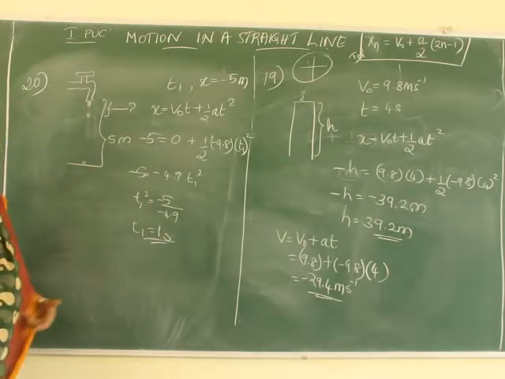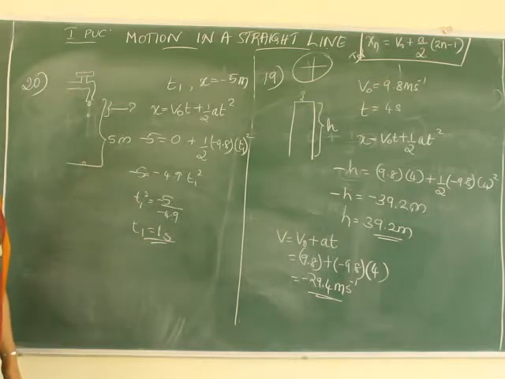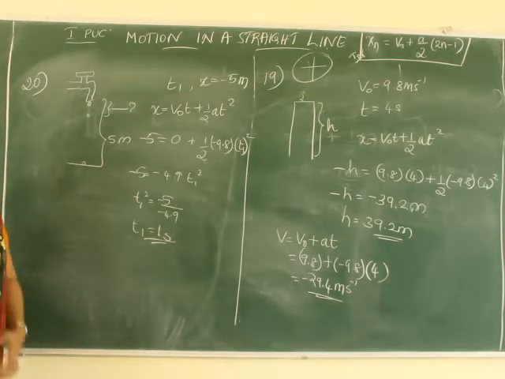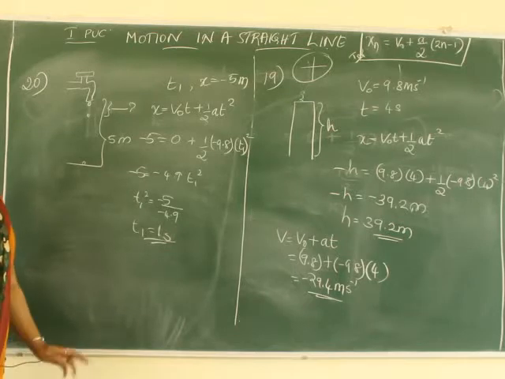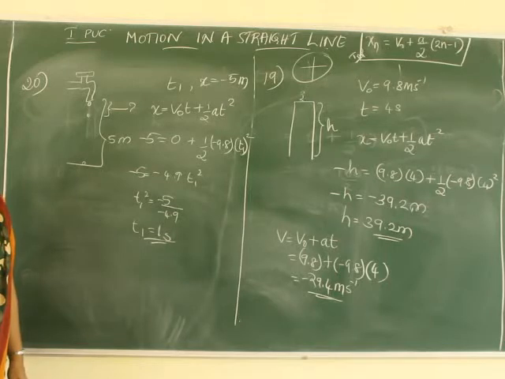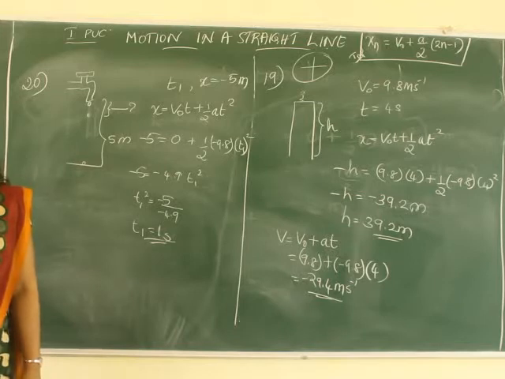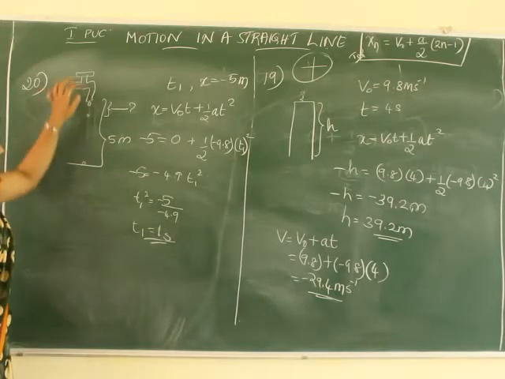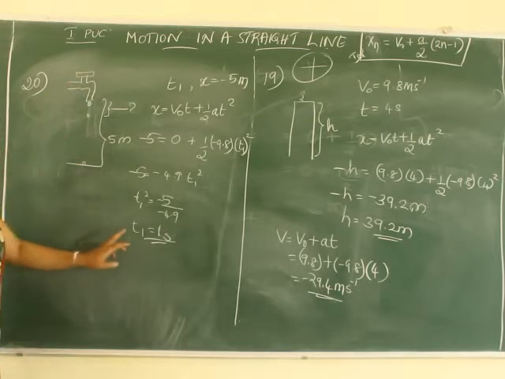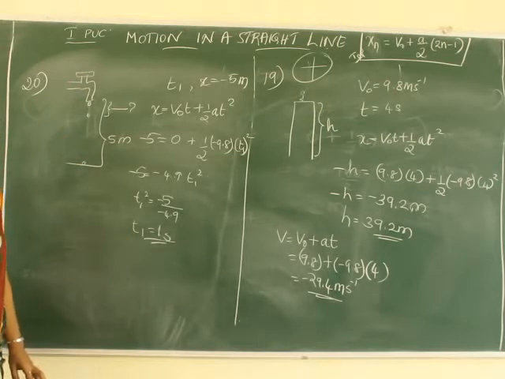Next we have to calculate where the second drop is. Since the third drop just leaves the tap when the first drop reaches the ground, what is the time for which the second drop falls?